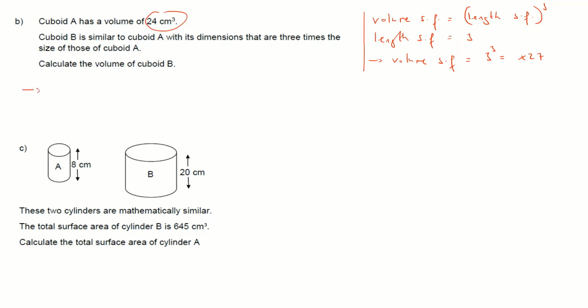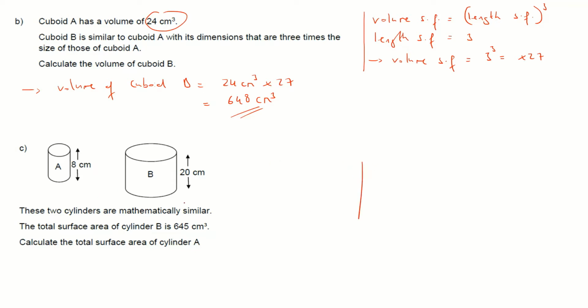So the volume of cuboid B is A's volume, but 27 times bigger. And 24 times 27 is 648 centimeters cubed. Okay then. So remember that this here is the key fact. The volume scale factor is the length scale factor squared, cubed, sorry.